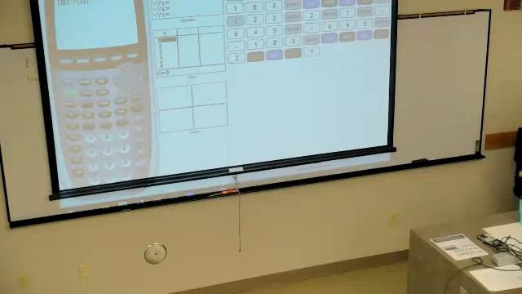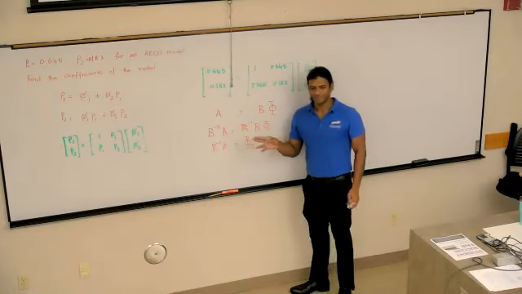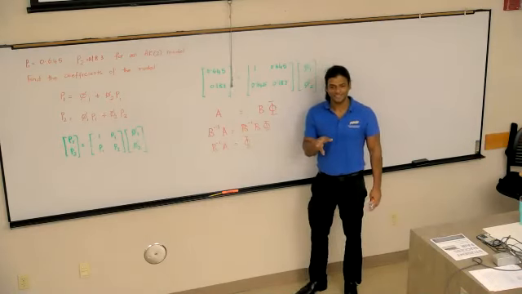Good. I think I did it backwards and it didn't work. I actually did A times B inverse rather than B inverse A. So I get B inverse A to be 0 and 1. That doesn't make sense. Do you know why?